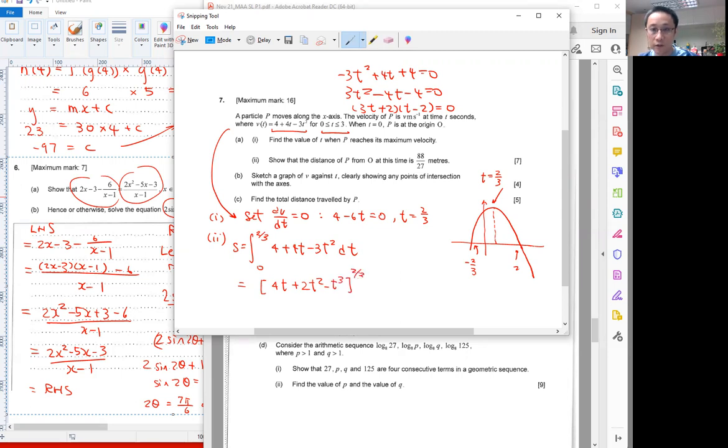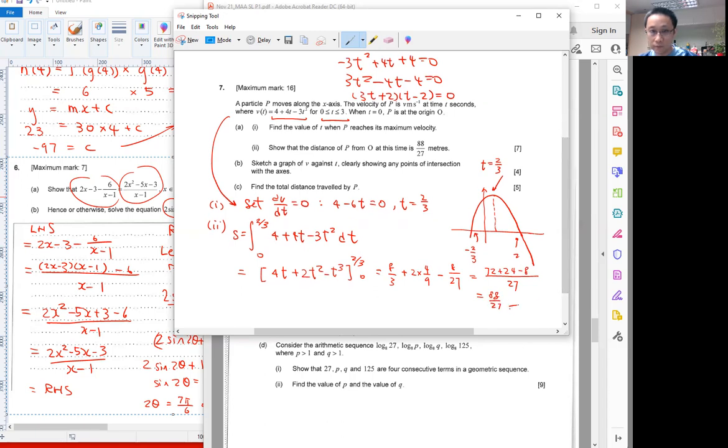You plug 2/3 and 0 into it, and you get 8/3 plus 2 times 4/9 minus 8/27, and it would just arrive at some common denominator. 72 plus 24 minus 8, so I think that's indeed 88/27. 7b, sketch a graph of v against t, clearly showing any points of intersection with the axes.